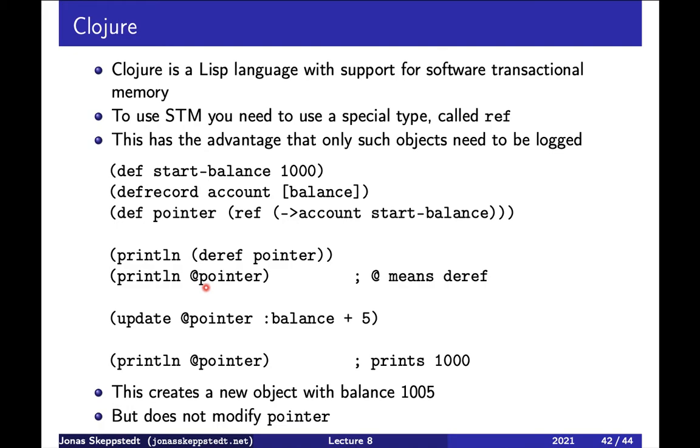It's exactly the same. So now let's try, but fail, to update this object, the attribute of this object, by using this syntax to increment it by 5. Okay. When we run this, there is no complaint, but it still prints 1000.